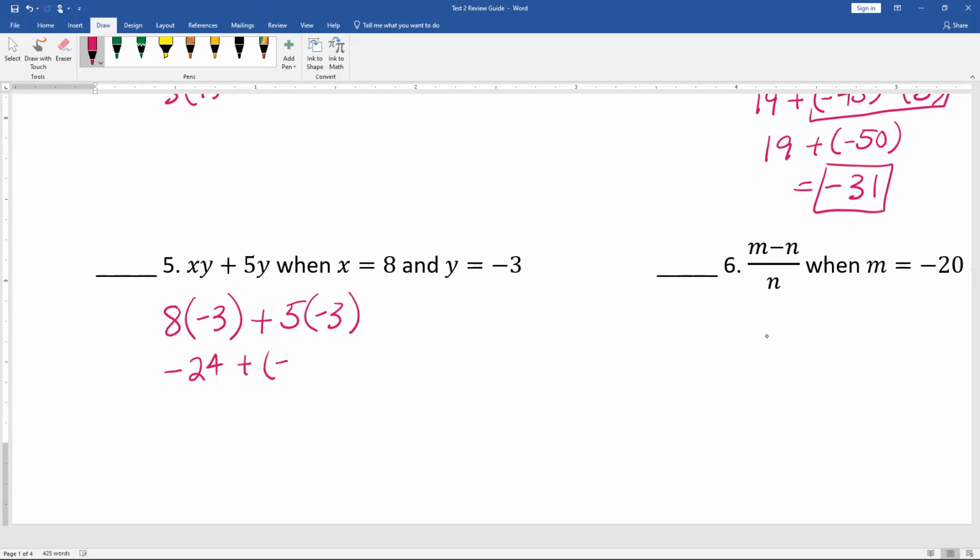And 5 times negative 3 is negative 15. Like or unlike? Like. So what's my answer? Right, 24 plus 15 is 39. So my answer is 39? Negative 39.